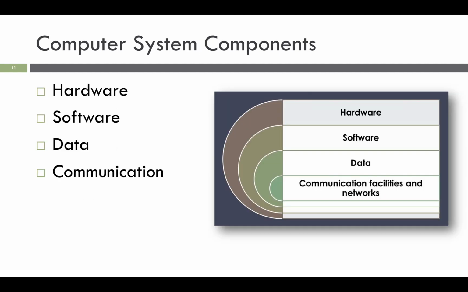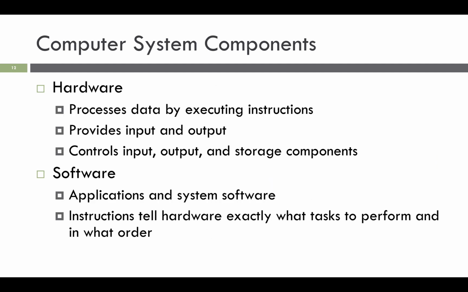A computer is a self-contained system composed of hardware, software, and data. It has a means of communicating. These components also form layers, with hardware being on the bottom and communication on the top. The hardware processes the data received from an input device and sends it as output.